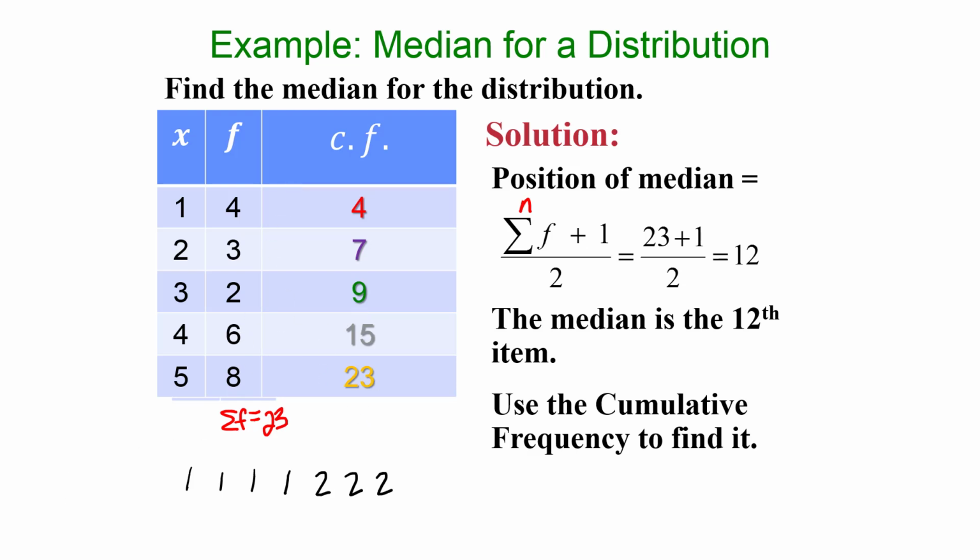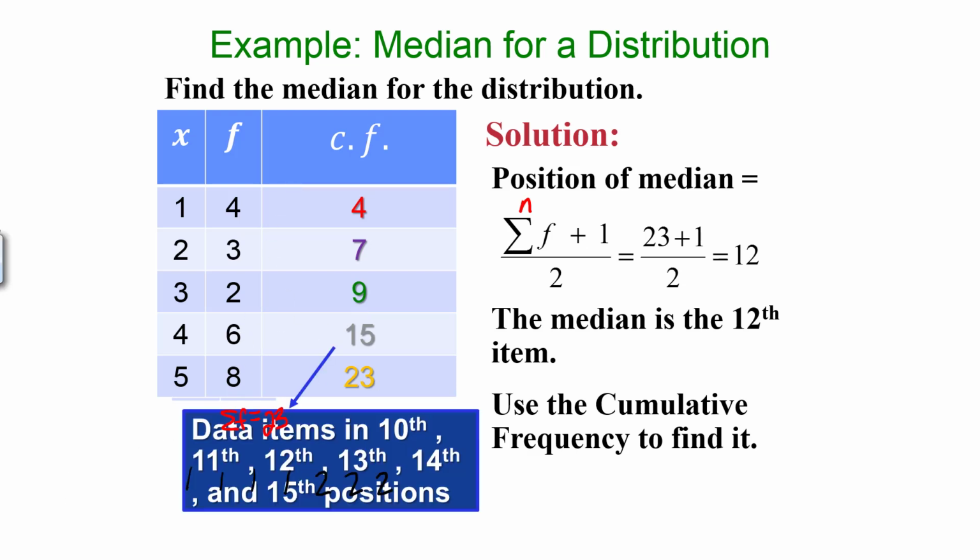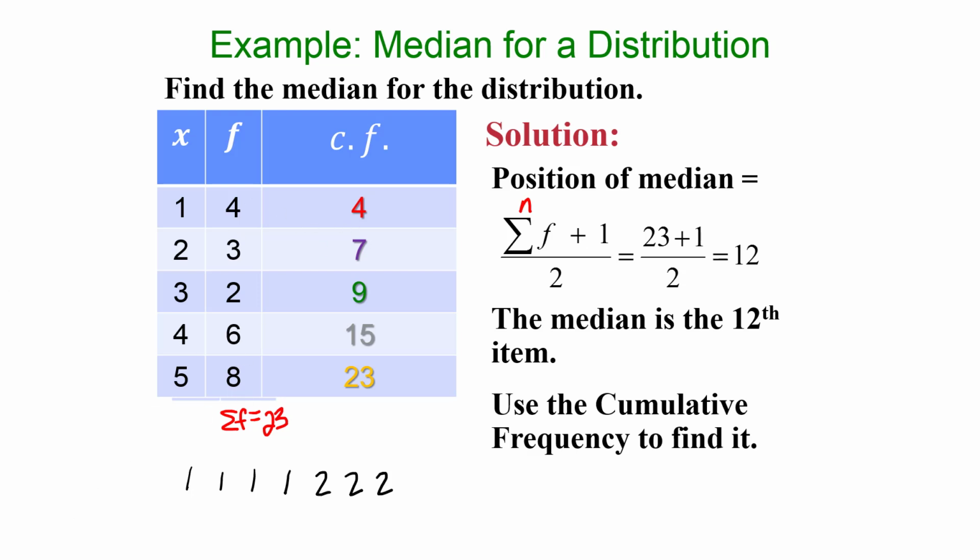What that means is that the first through the 4th pieces of data are 1s. And then which pieces of data are 2s? The 5th through the 7th are 2s.